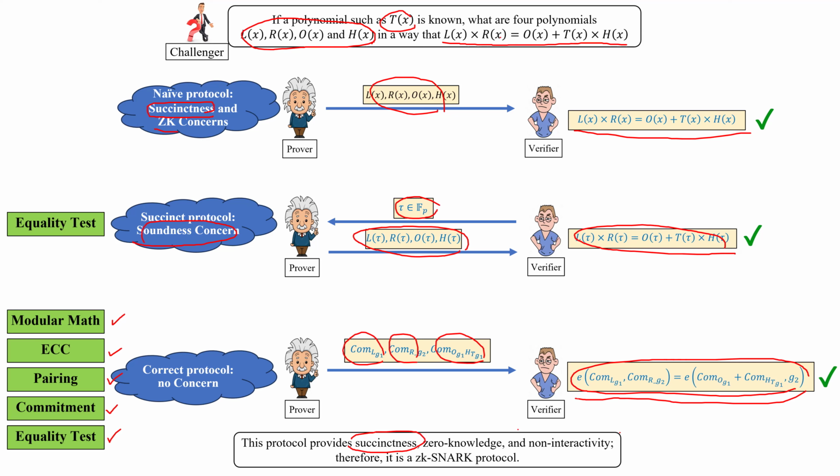The other property is zero knowledge, right? The prover doesn't share the polynomials with the verifier, and using the commit of polynomials the verifier would not be able to retrieve the polynomials. So zero knowledge is guaranteed. The other property is non-interactivity, right?